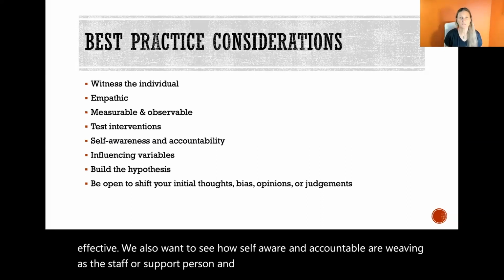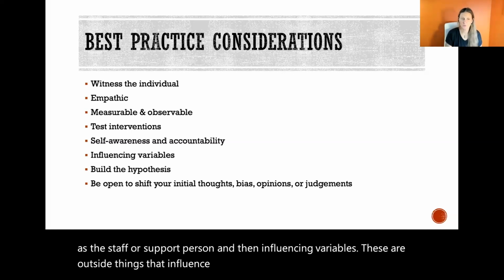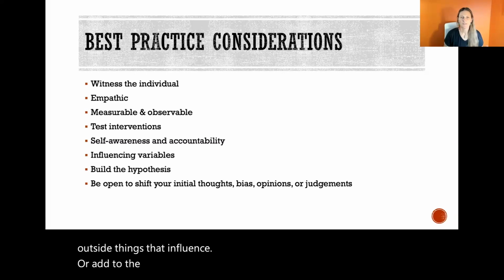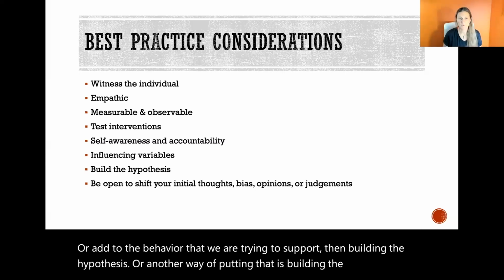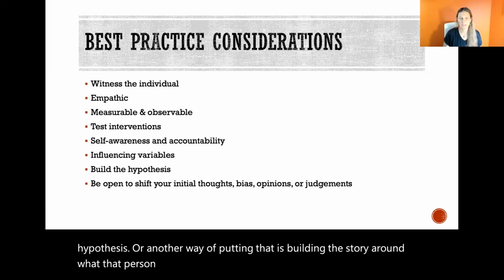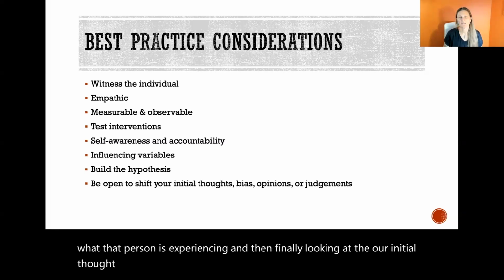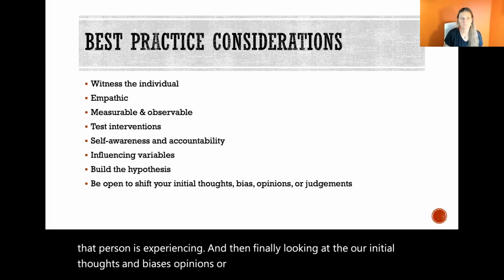And then influencing variables. These are outside things that influence or add to the behavior that we are trying to support. Then building the hypothesis, or another way of putting that is building the story around what that person is experiencing. And then finally, looking at our initial thoughts and biases, opinions, or judgments.